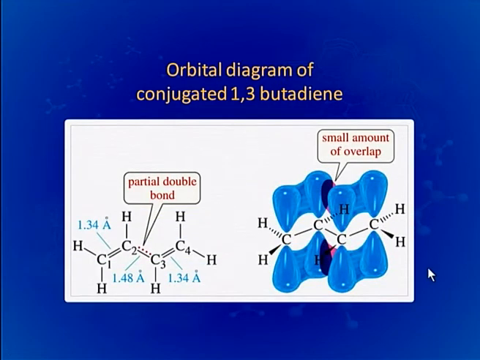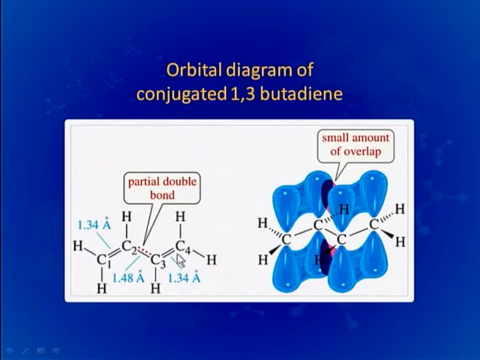We can further understand the structure of 1,3-butadiene with the help of this orbital diagram. Here we can see that all the unhybridized p orbitals lie in a parallel way. Therefore, between C1 and C2 there is a pi bond formation. From the line diagram also, the bond length is 1.34 angstrom, which is the bond length for the carbon-carbon double bond.